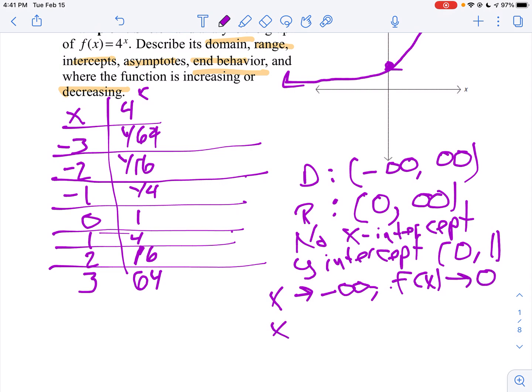As x approaches positive infinity, f of x is going to go towards positive infinity. And notice when I go to the right on my graph, it's always increasing. If I pick 2 points on my graph, if one's to the right, the other point is going to be higher. So I'm going to say it's always increasing.